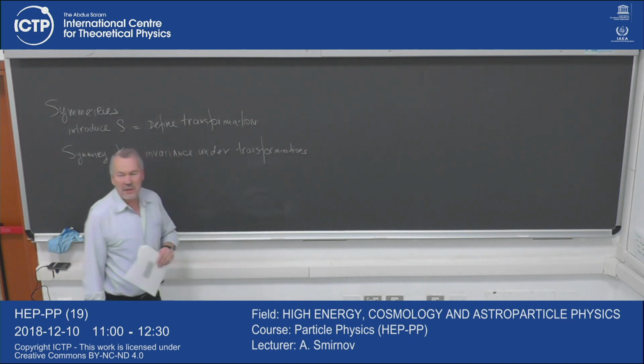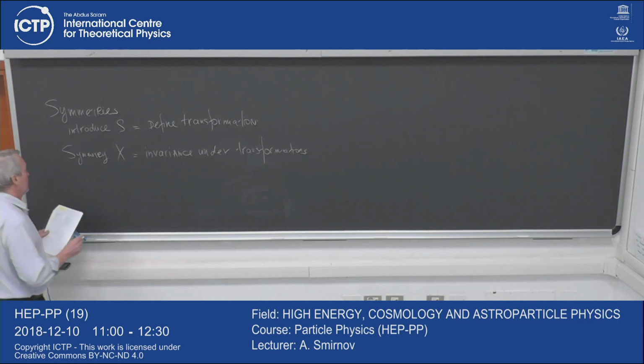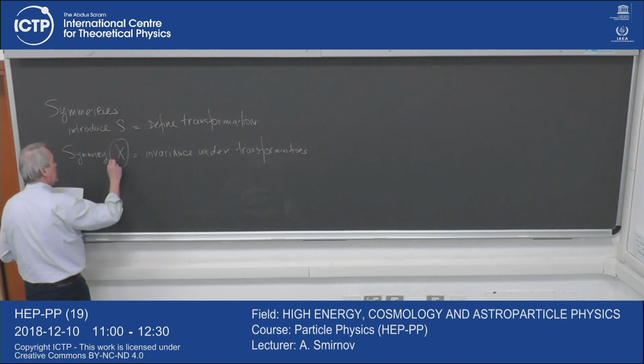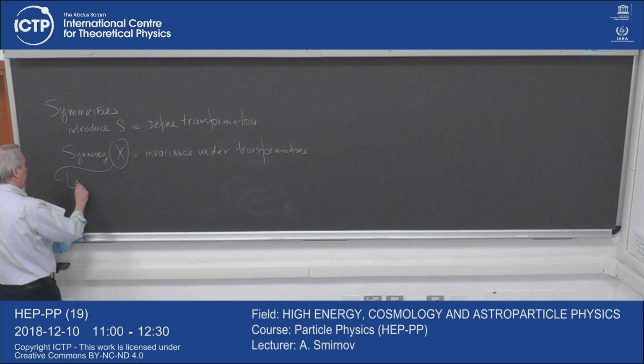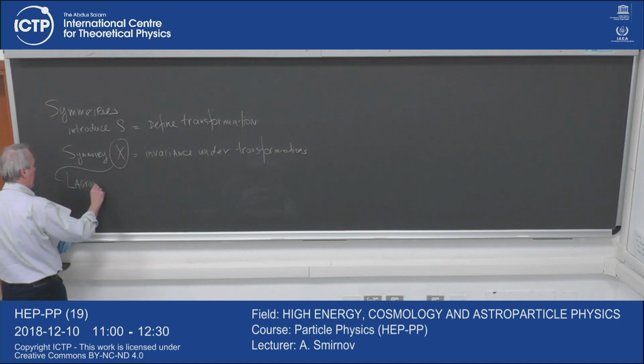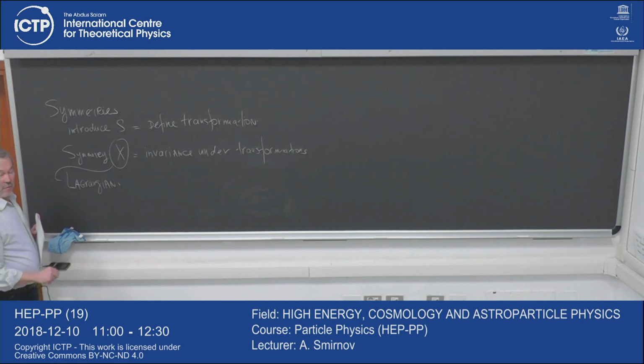I gave to you a simple example with this circle, and this actually allows to clarify all the issues related to the symmetries. So what is this X we will discuss? This X is Lagrangian of the theory. It can be an equation of motion.